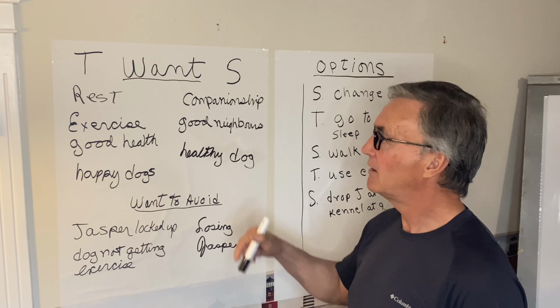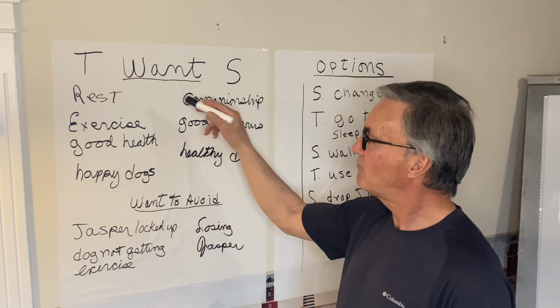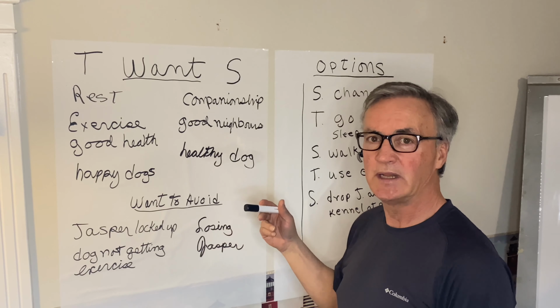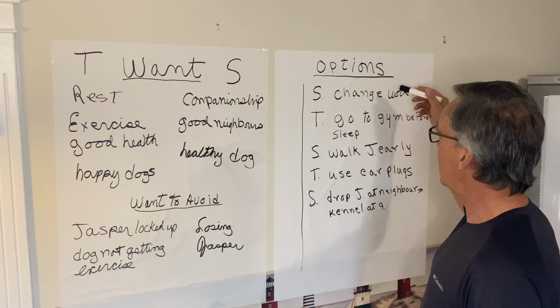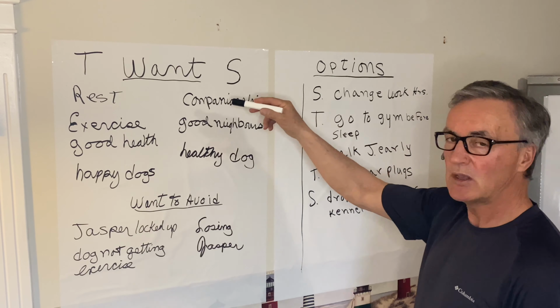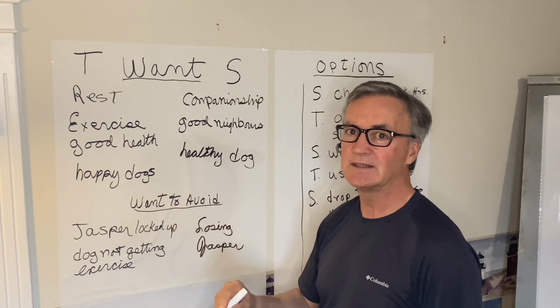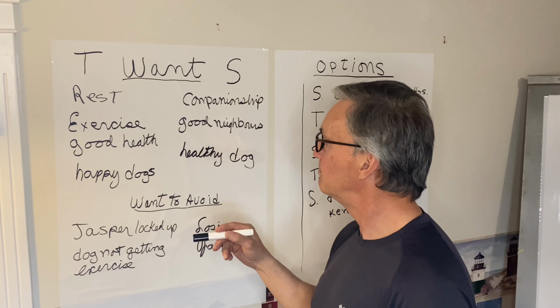Then they figured out what they wanted and what they wanted to avoid. They recognized that there's a lot of compatibility in what each of them wanted. And from that, they generated options that would get them what they want and help them to avoid what they wanted to avoid in order to address the issue that they described in step 3.